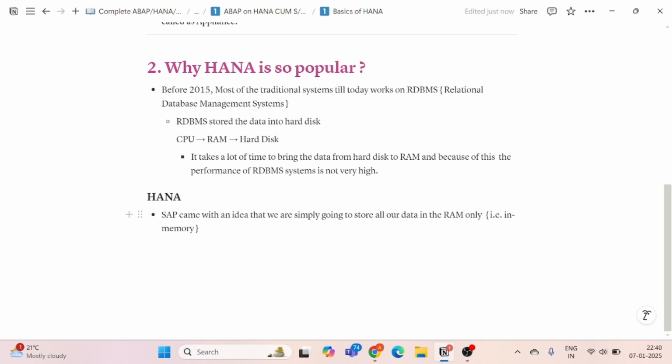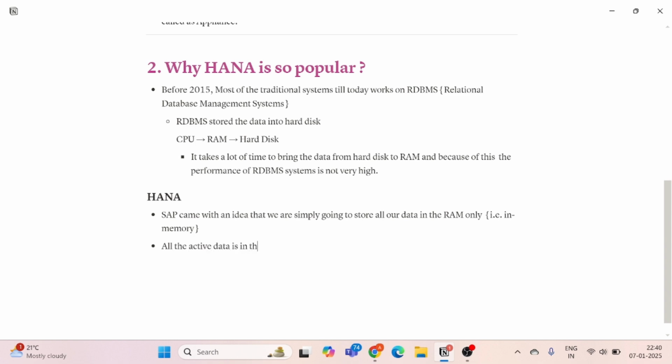Instead of keeping it in memory, we can simply store it on the hard disk. But whatever data is active in nature, we are going to store on the RAM. All the active data will now be in the RAM.